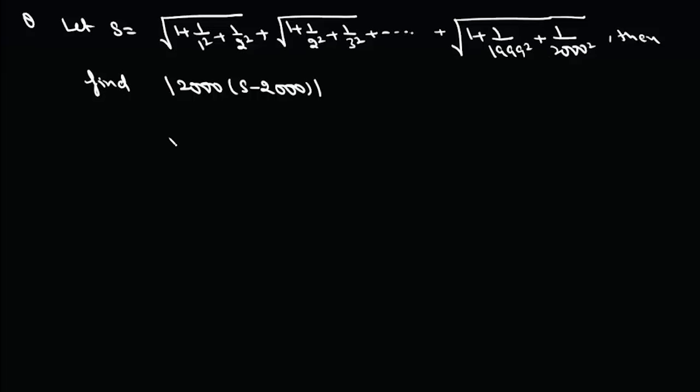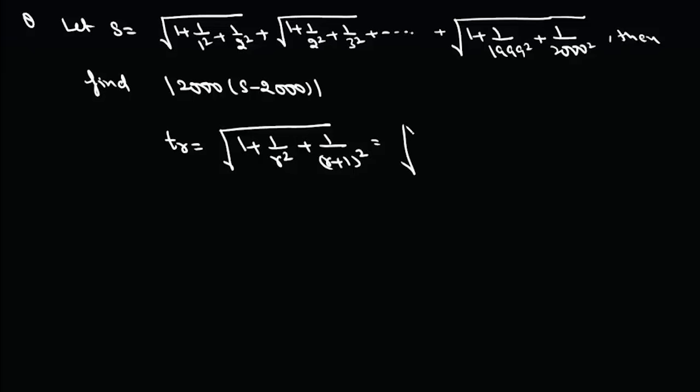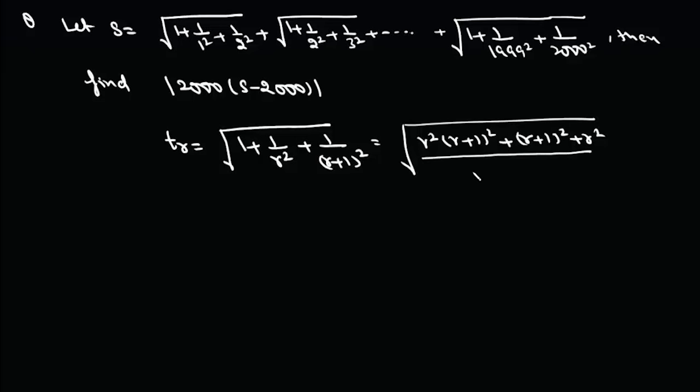Now if we write its general term, its rth term will be under root of 1 plus 1 upon r square plus 1 upon (r plus 1) square. We can write this as under root of r square (r plus 1) square plus (r plus 1) square plus r square upon r square into (r plus 1) square.